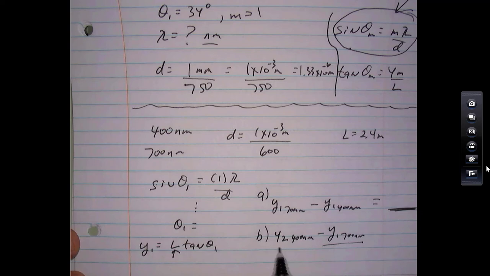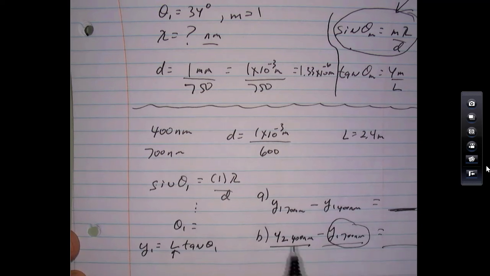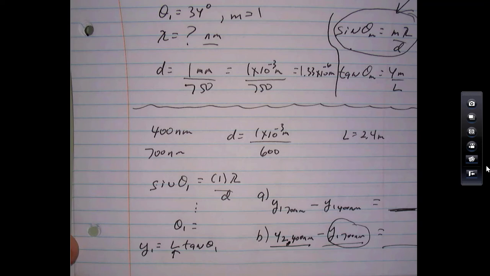You've got to figure out the y equal to 2 distance for the second spectrum, and that second spectrum begins with the 400 nanometer. So you already have y1 for the 700 from the first part. You'll have to figure out y2 for the 400 nanometer and then subtract those. Same procedure as the first part. Maybe a little bit of work, but definitely doable for that one.